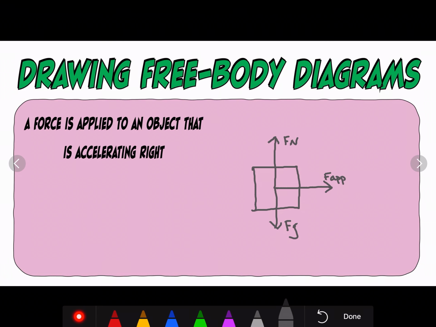Now that would be it if we ignore friction. If we have friction, then it would go in the opposite direction of the motion. And so we would draw an arrow to the left, but it's much smaller than the force that's applied. Because the object is accelerating.